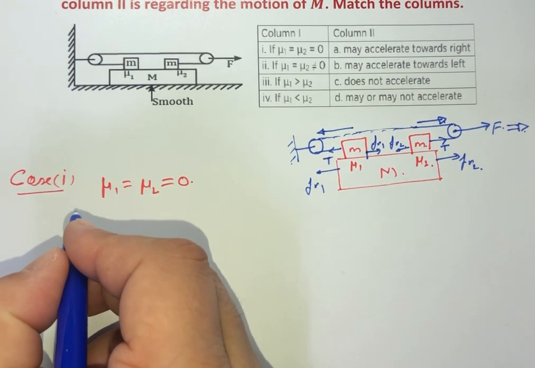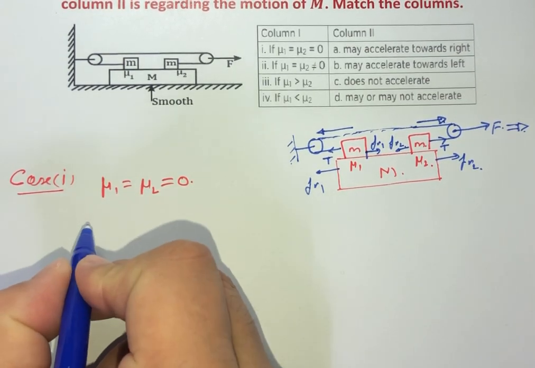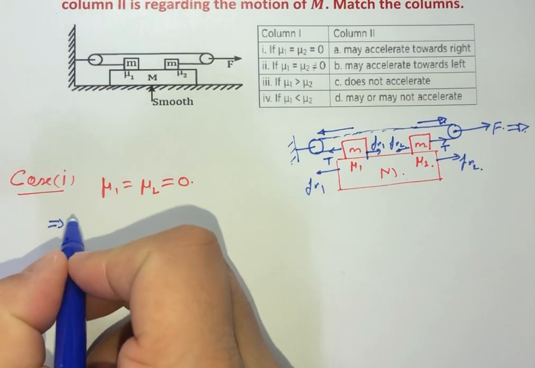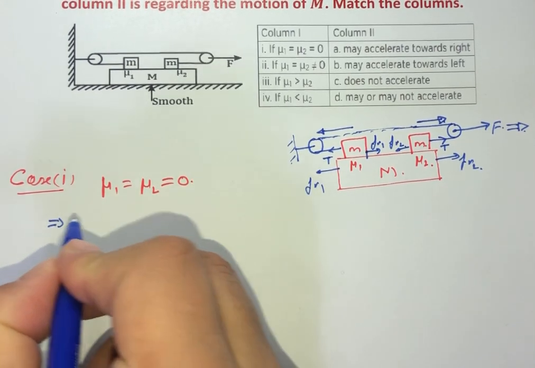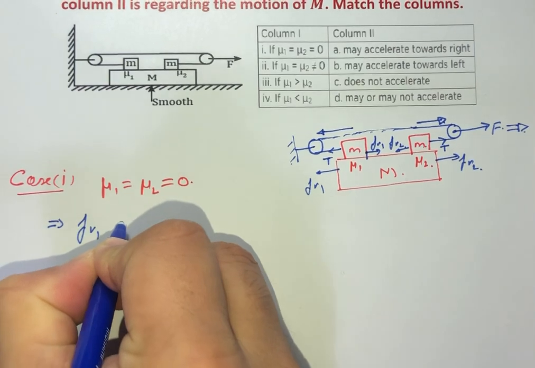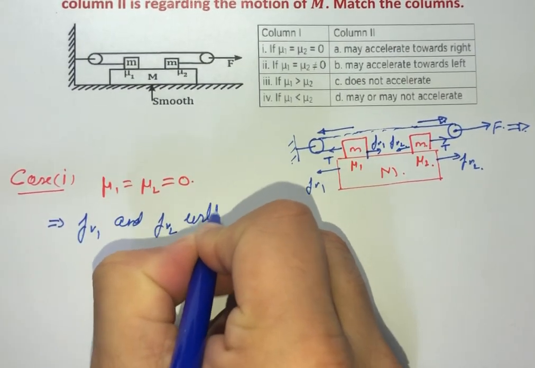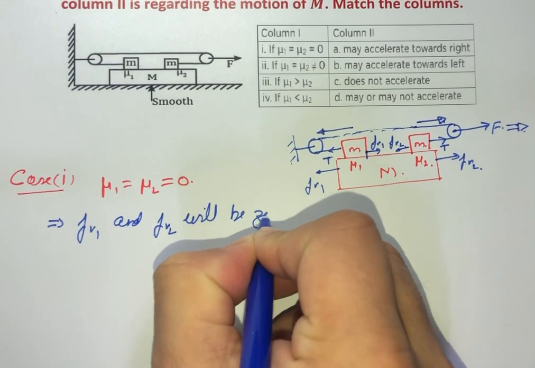So we can clearly see that both FR1 and FR2 will be 0.